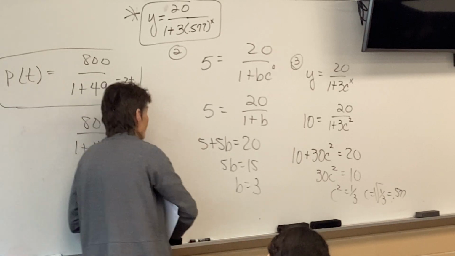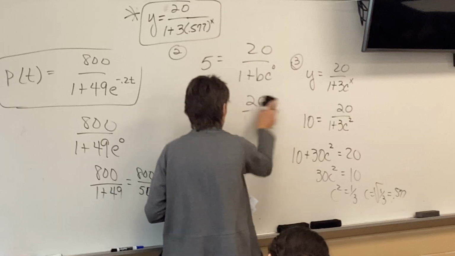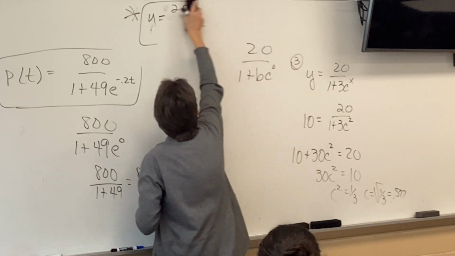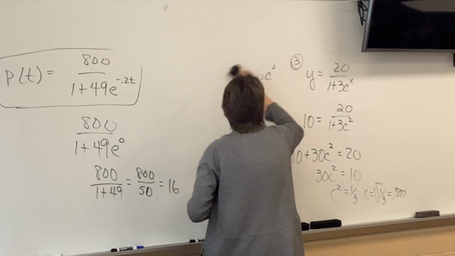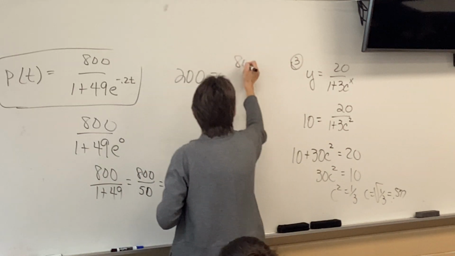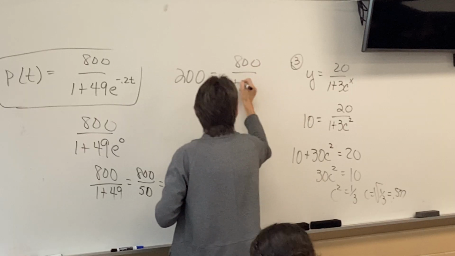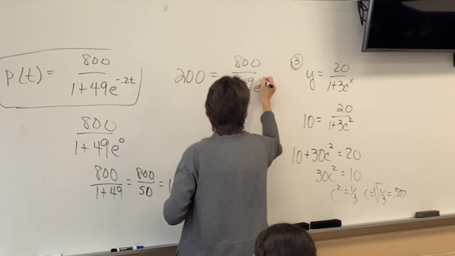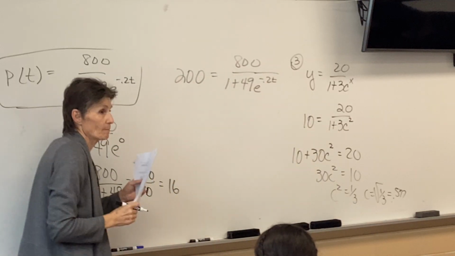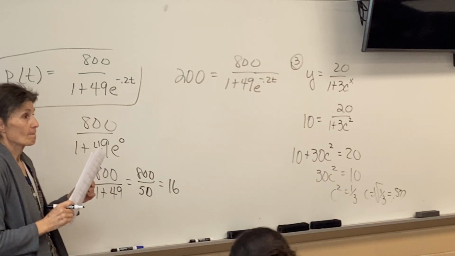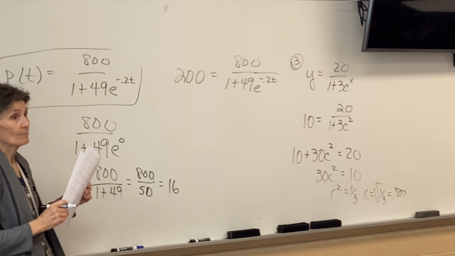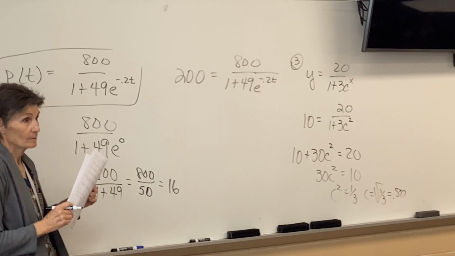So you now need to solve 200 equals 800 over 1 plus 49 e to the negative 0.2t power. You know how to do this. You learned it last year.